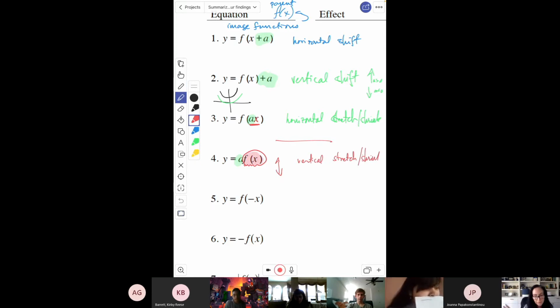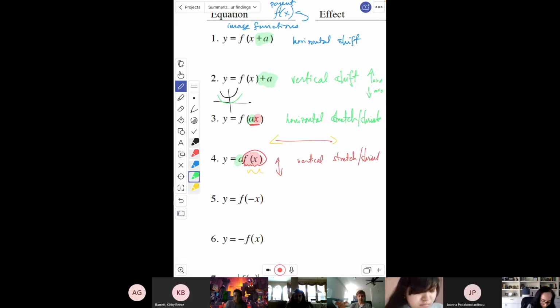We're multiplying the f of x, which is in essence y, by A, and here we're multiplying the x. So this would be stretching or shrinking it this way, and this one would be stretching or shrinking it this way.